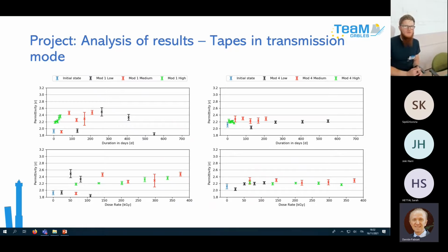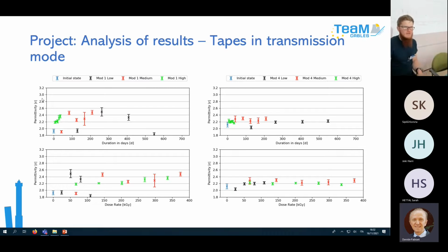So more or less, the thinner the sample, the better. That's why I'm looking at the tapes. And also in transmission mode, you have the most interaction of the terahertz waves with the material, so the most possible absorption by certain materials.